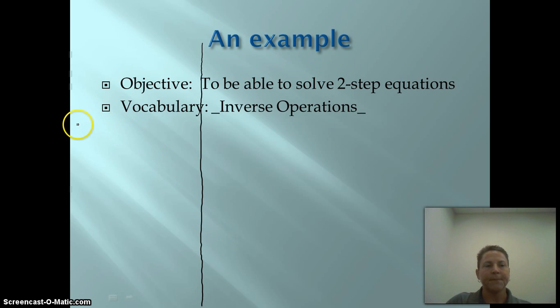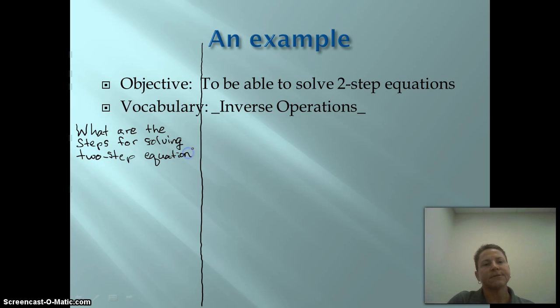The question would be, maybe this time I say, what are the steps for solving two-step equations? So see, instead of the word how, I used what. Since it's two-step equations, there's probably two steps.